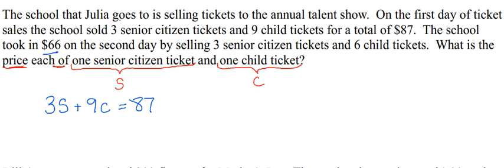Second equation, $66: 3 senior citizen, 6 child, is equal to 66.